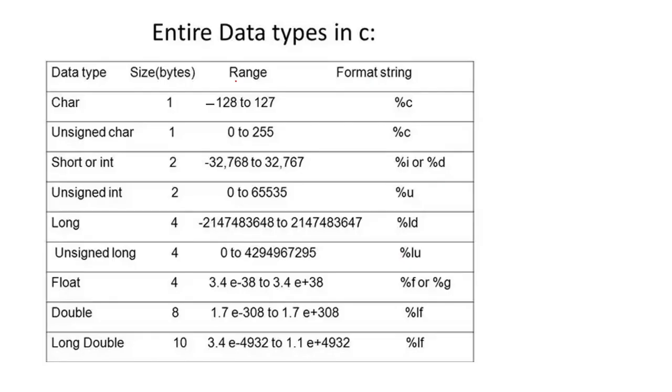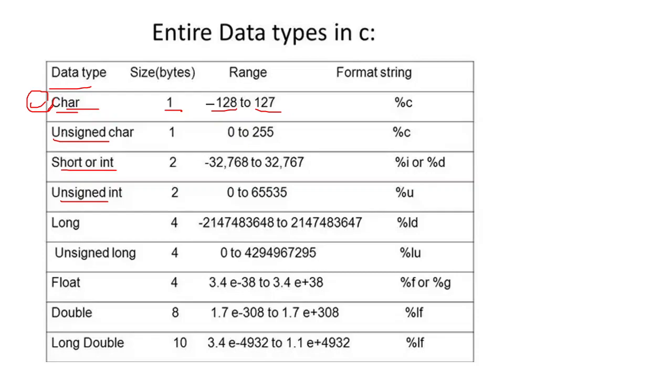Okay, so in this particular data types chart, we have character, unsigned character, short or int, unsigned short. See here, character is 1 byte, and it stores values from -128 to 127. If we haven't mentioned anything like unsigned or signed, then by default it is taken as a signed integer.